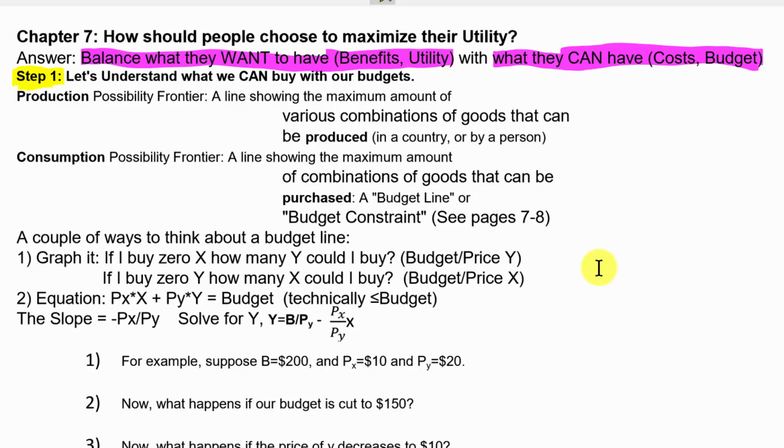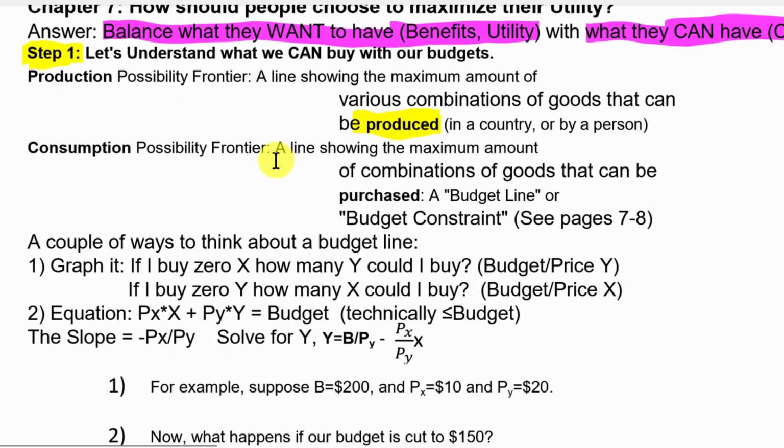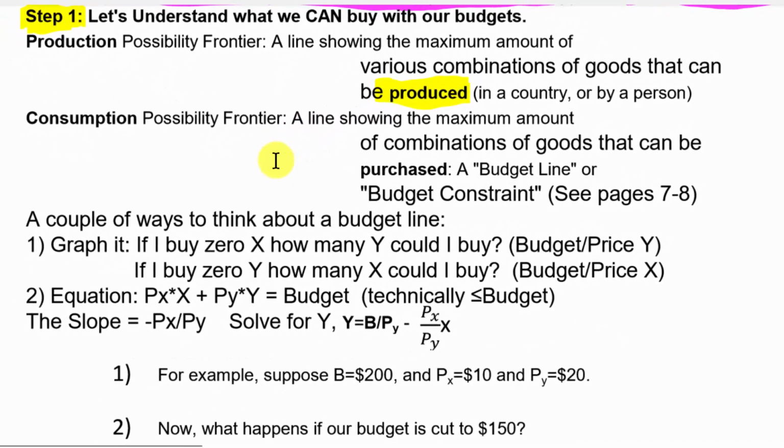If you go way back and think about production possibilities frontiers, that's a line or a curve showing the maximum amount of various combinations of goods that can be produced, say in a country or by a person. A budget line we can think about as being a consumption possibilities frontier, where it shows us the maximum combinations of goods that can be purchased with your income.